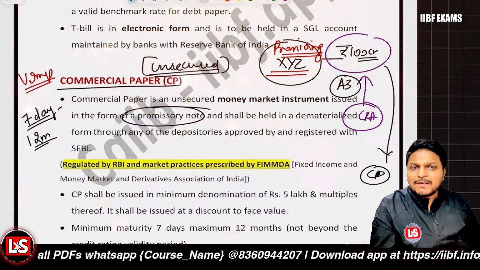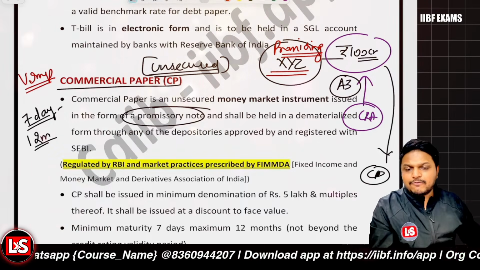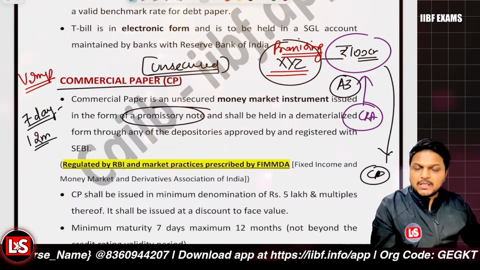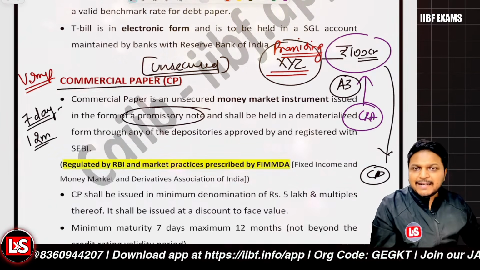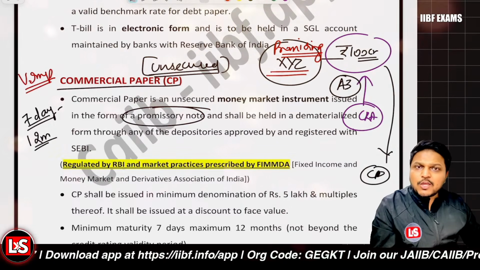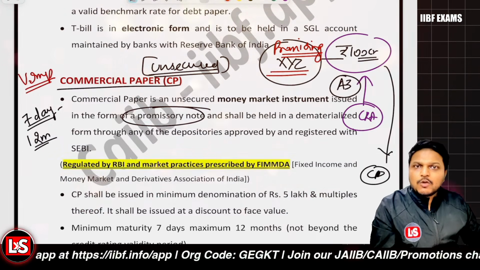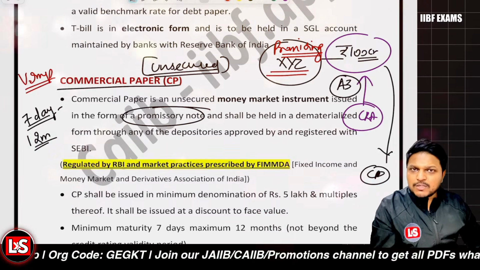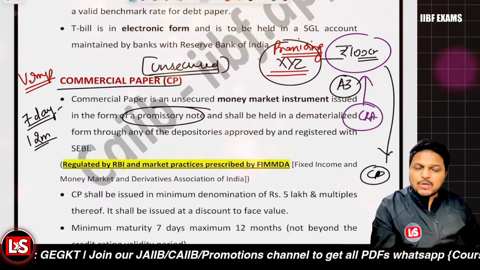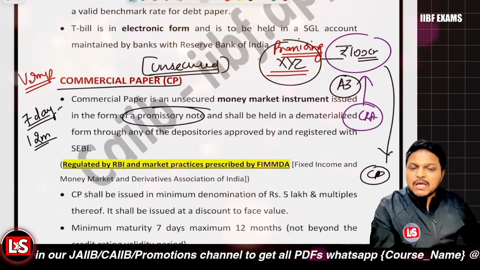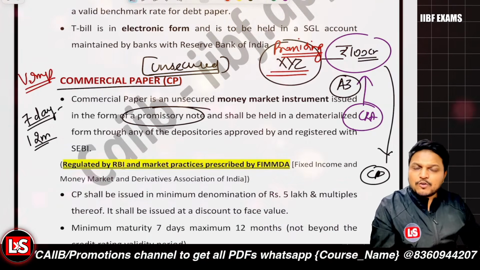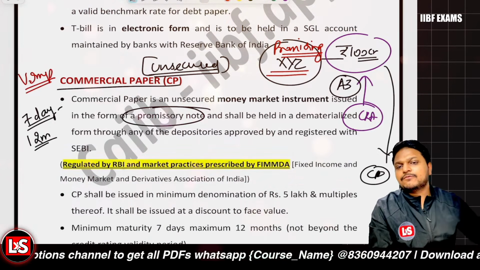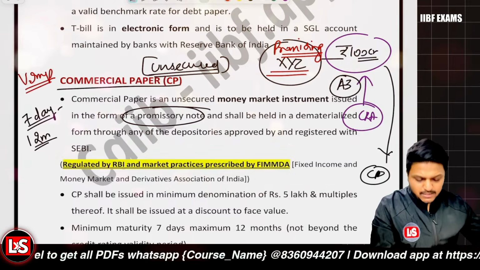The face value which is mentioned on the commercial paper itself, they will pay you back this much amount. So that's why I am saying that the commercial papers are unsecured money market instruments which are issued in the form of the promissory note. Minimum maturity 7 days, maximum maturity 12 months, issued at a discount. The denomination is 5 lakh rupees and multiples thereof. Clear with it?